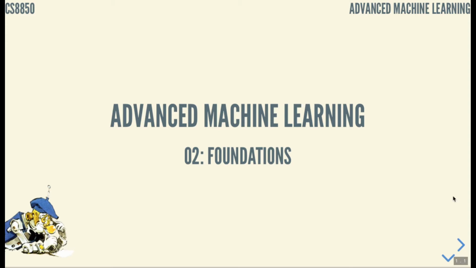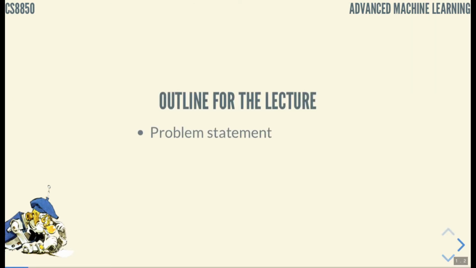So today we'll just cover simple stuff, foundations, right? What is learning? Why? What are we really doing here? And I think I can do it the following way. So, outline for the lecture. We'll just figure out what is the problem that we're solving.